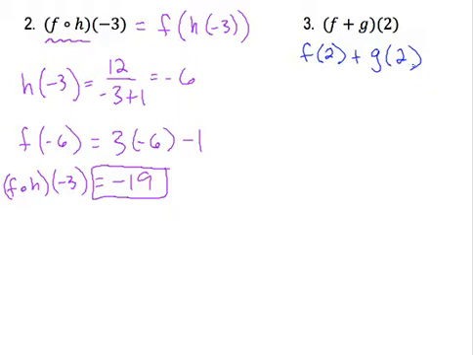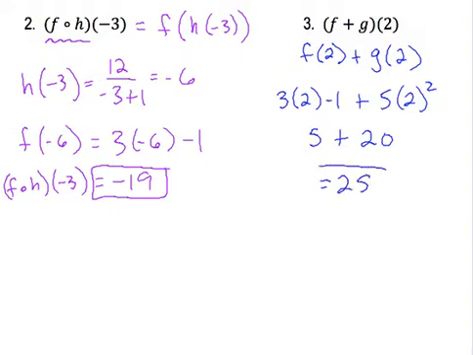We can figure out each of these separately and then add those two together. f of x was 3x minus 1, so we're going to do 3 times 2 minus 1 plus g of 2. g of x was 5x squared, so we'll plug 2 in to g of x. Now we're just going to evaluate this expression. We get 6 minus 1, which is 5, and we get 4 times 5 there, which is 20, for our final answer of 25.